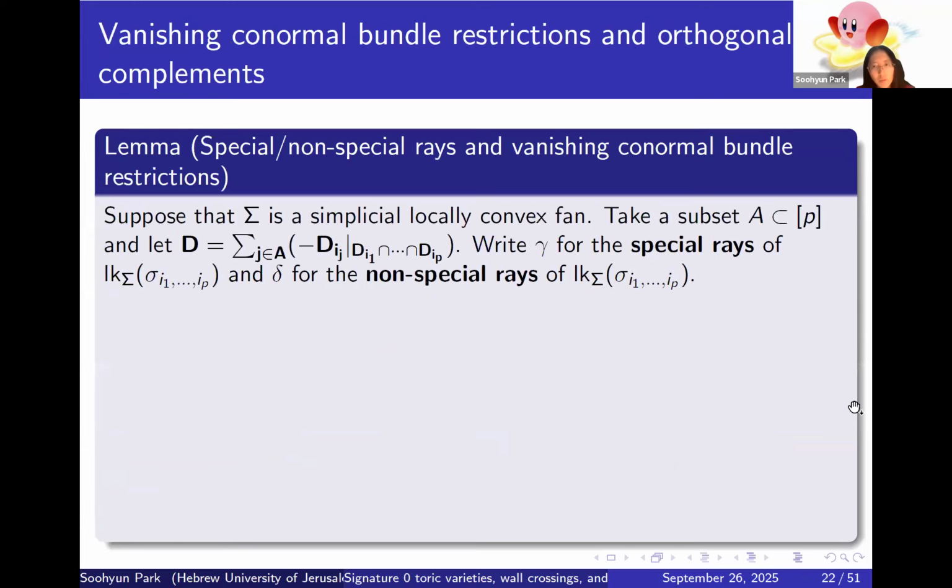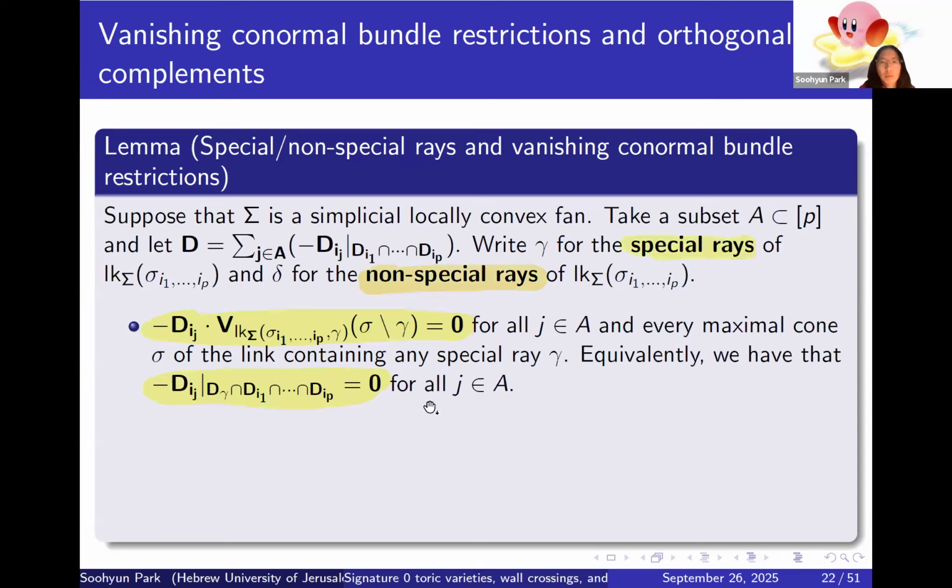Okay, so the main technical tool we're going to use is the following. Basically the orthogonal complement of the divisor polytopes of the conormal bundle restrictions, or any sum of them, is going to come from vanishing of certain conormal bundle restrictions.